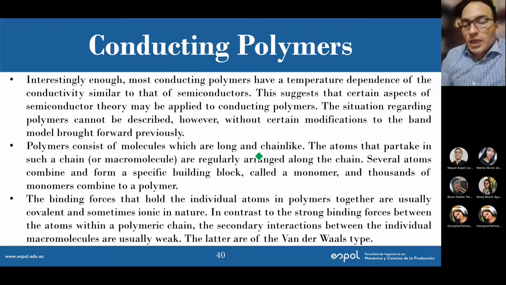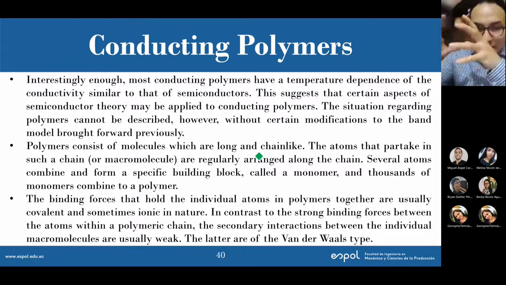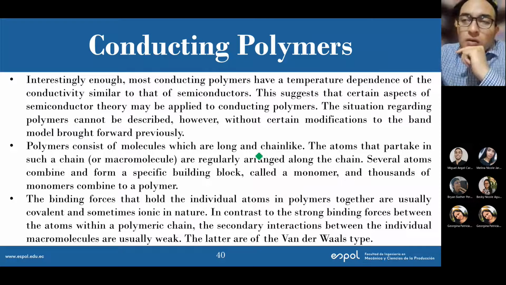So if we're talking about the structure of polymers, with a monomer as a repeating unit, the interaction between macromolecules is not as strong as it is within the monomer itself. For that, we can try to relate or modify our band theory based on that.